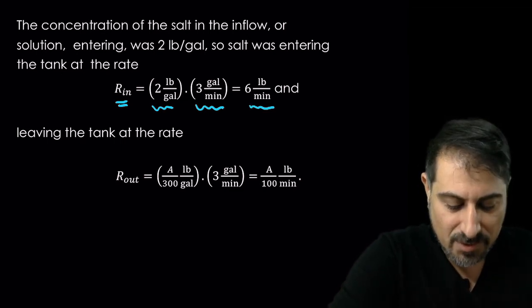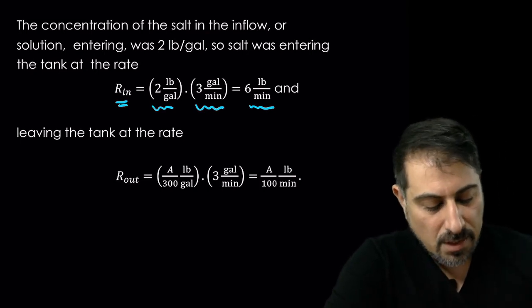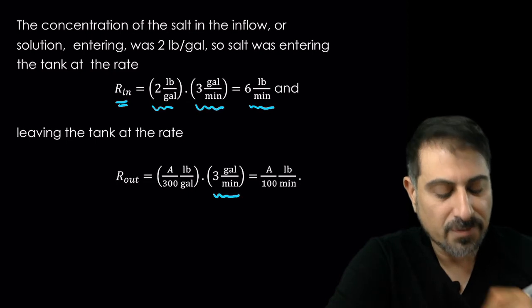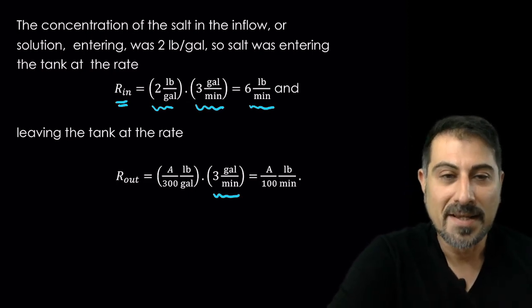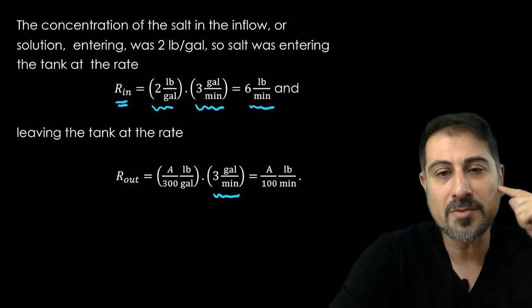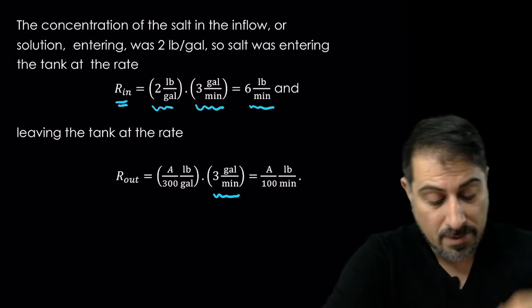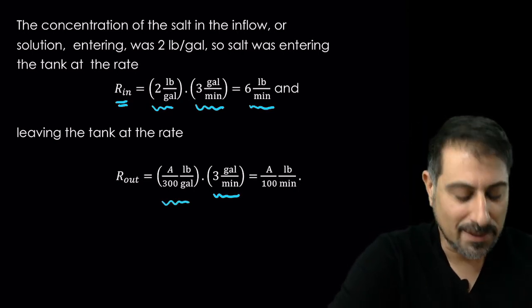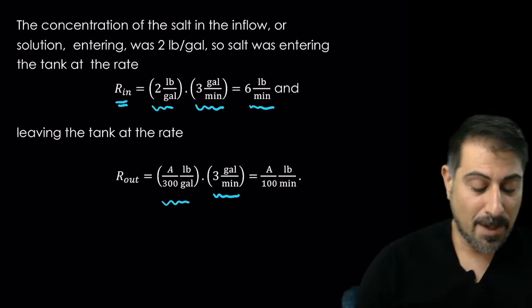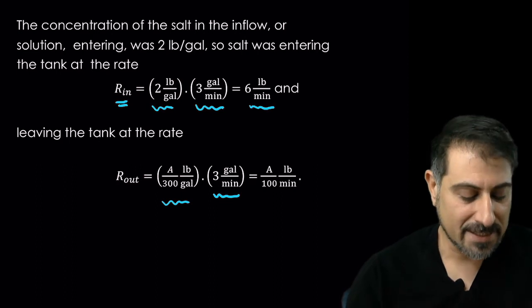The salt is leaving the tank at a rate of, well, first off, the brine solution is pumped out at the rate of 3 gallons per minute. And remember that pump in and pump out rates are the same, so we always have 300 gallons, and in 300 gallons we have A pounds of salt. So in total we have A over 100 pounds per minute of salt pumped out of the tank.